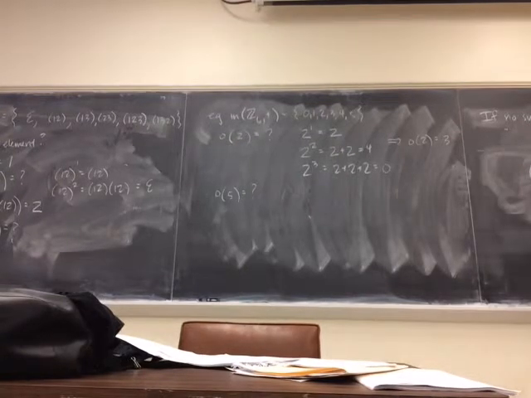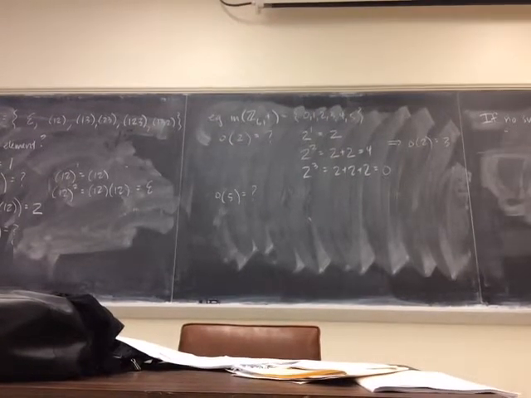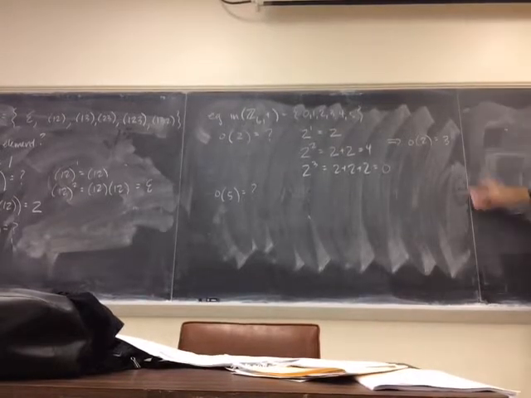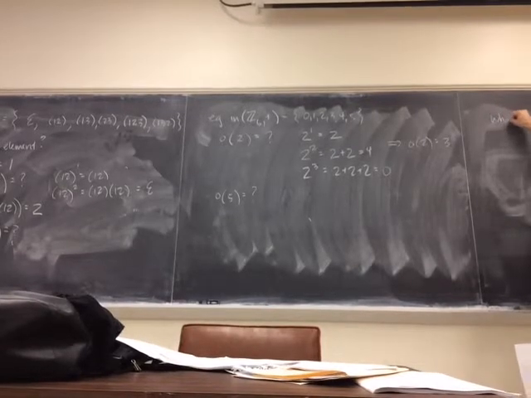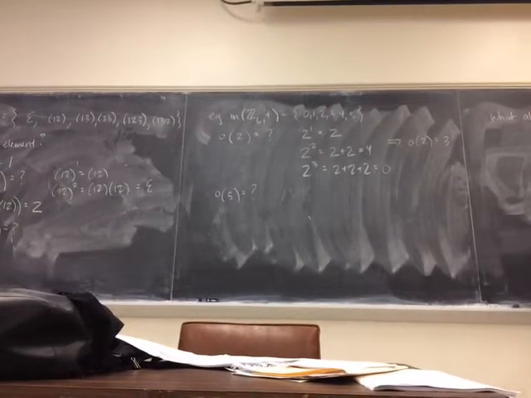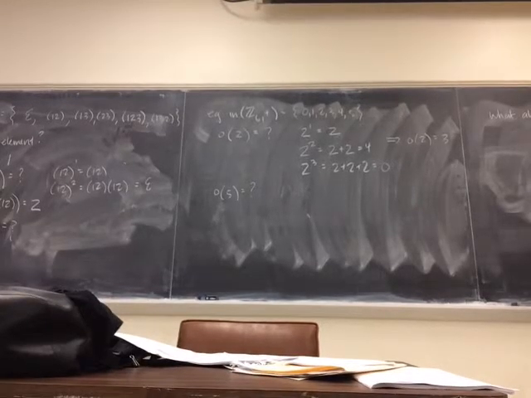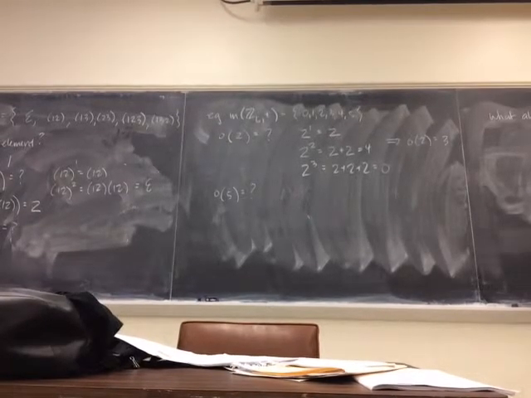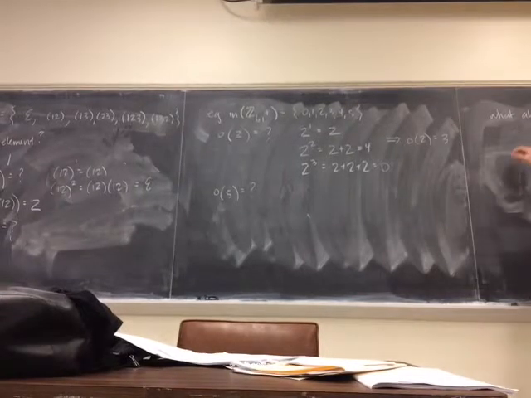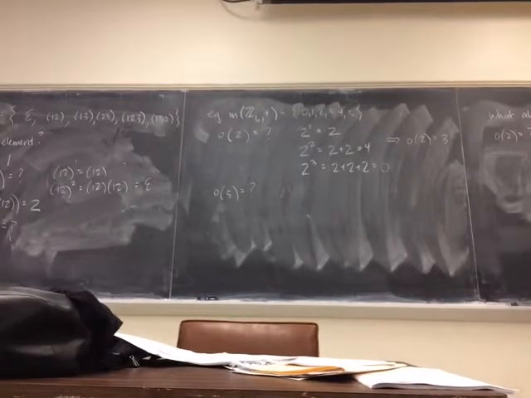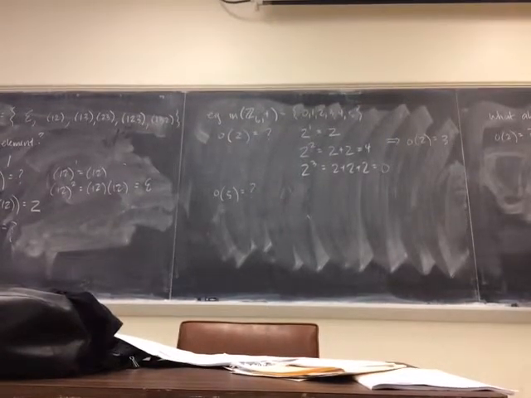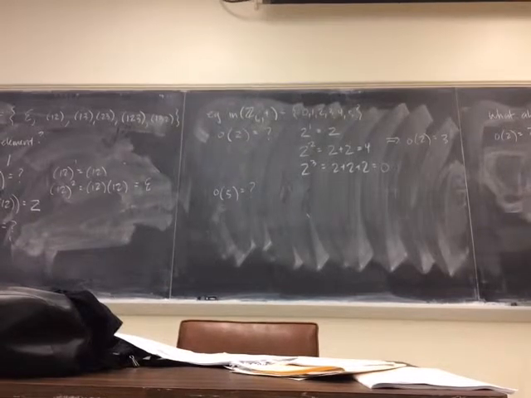Oh, and one example of what I was just erasing here: what about elements of infinite order? So what about now elements of Z? I don't know, what's the order of 2 now? Well, we can try to play this game. 2 to the 1 is 2, 2 to the 2 is 4, 2 to the 3 is now 6, 2 to the 4 is now 8, and I'm not going to get to 0 anytime soon, right?